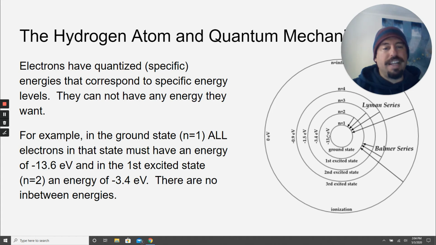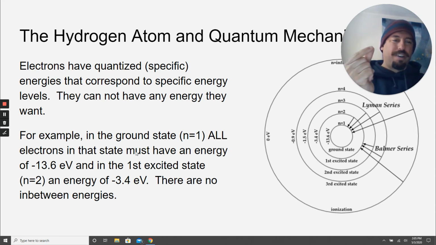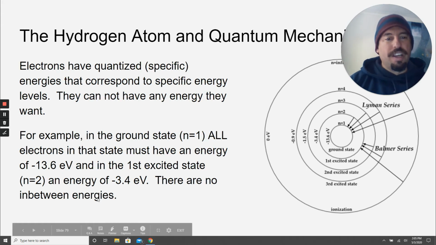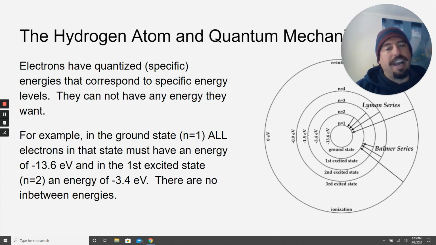So it's negative because it takes that much energy to release the electron from the grasp of the electrostatic force holding the electron to the proton, right? Because they're attracted to each other. It takes that much energy to pull it far enough away so it's not going to be in orbit around that proton anymore. So if you're here at n equals 3, you would need 1.5 electron volts to ionize that electron, to strip that electron.